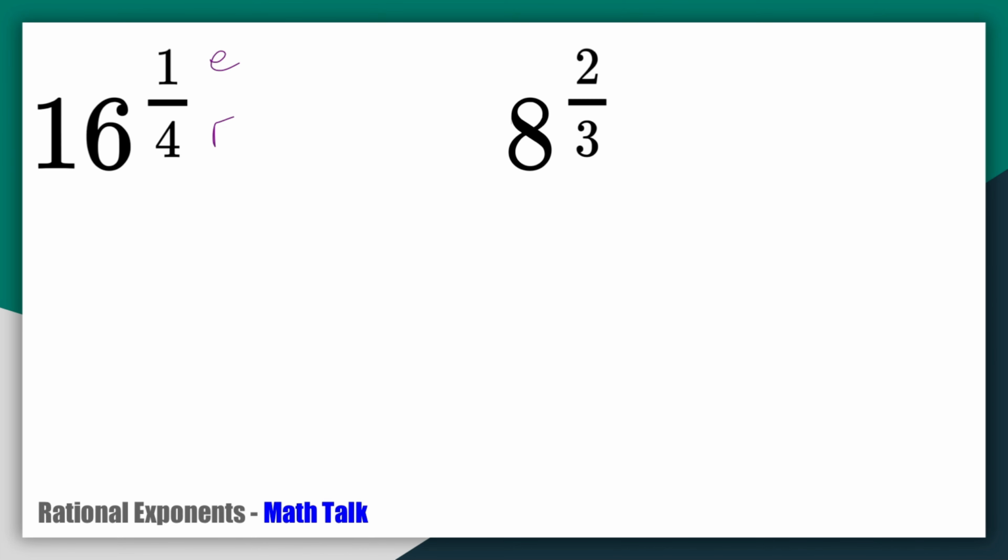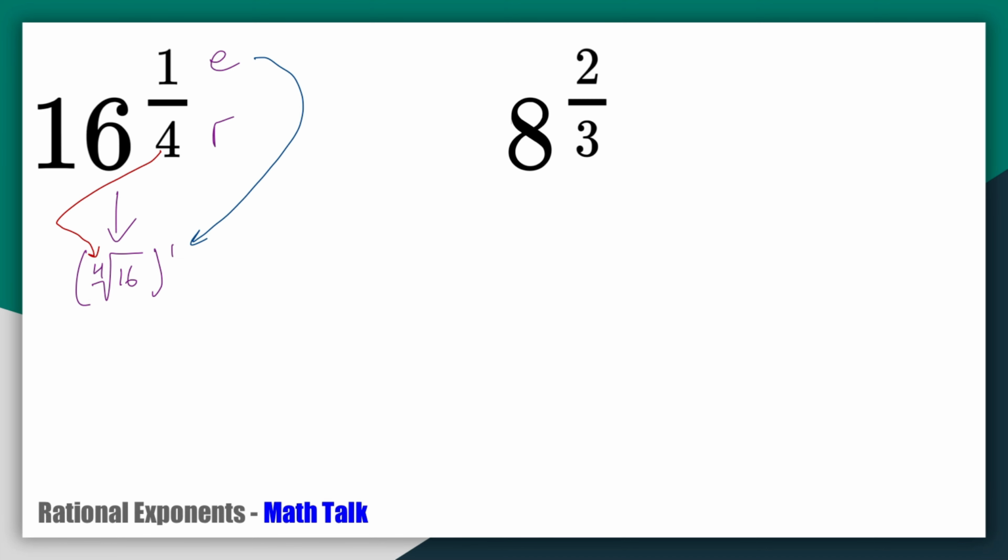We call the bottom one the root. And so we take this and we rewrite it as the 4th root of 16, all of that to the power of 1. Now, if you're confused, remember, the 1 was the exponent, the 4 was the root.